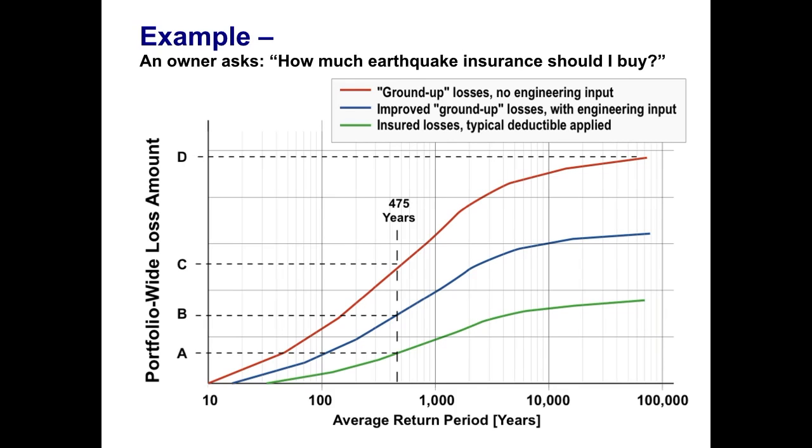The answer does not have to be the largest amount that could be lost, which might be represented by point D, but we can put the engineering to work and the buffers to work, and we can look at a more reasonable return period, anything from 200 years to maybe 475 years, or whatever the owner's risk appetite dictates, and we can reduce the amounts that are purchased from D to C to B to A would represent the amount that the insurer would pay on a 475-year basis, and that might be an appropriate amount at which to seek coverage.